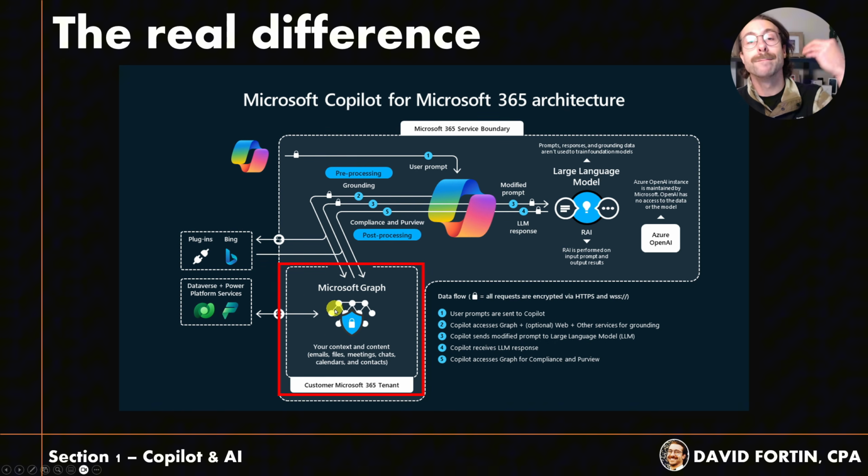So you have the Microsoft Graph. I will go real quick on this presentation here, but this red square means that Copilot, the large language model, the AI, actually has access to your internal documents.